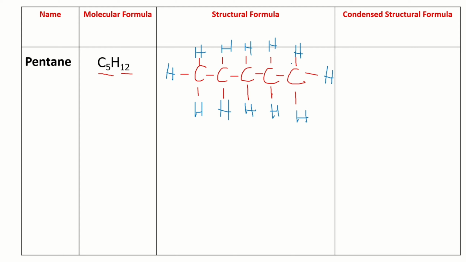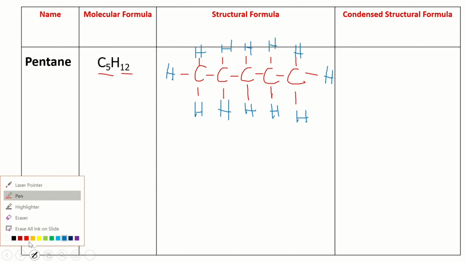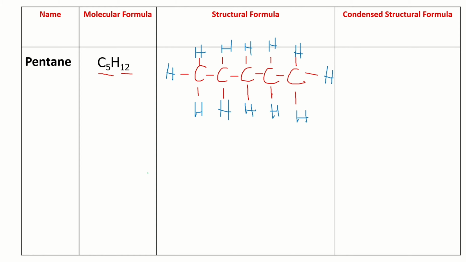Now, for the condensed structural formula, for the first carbon atom, we have 1 carbon atom and 3 hydrogen atoms. It's the first carbon atom.